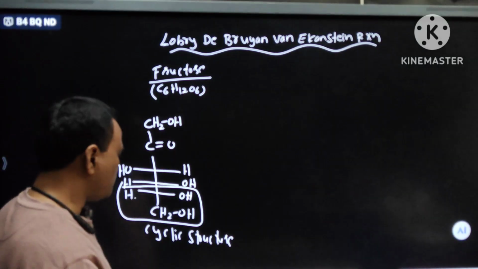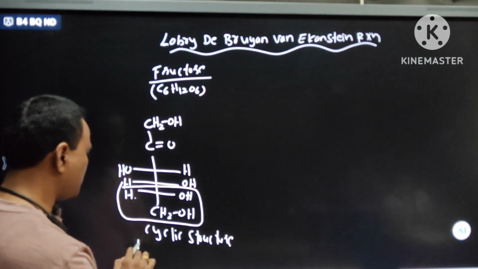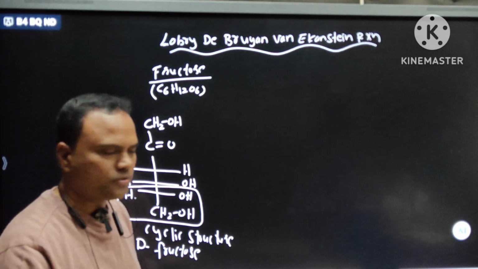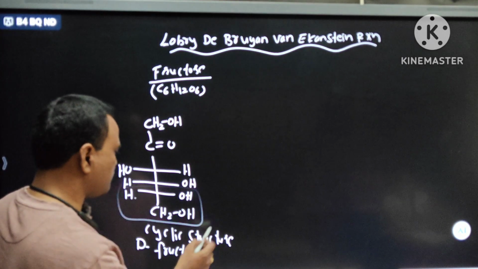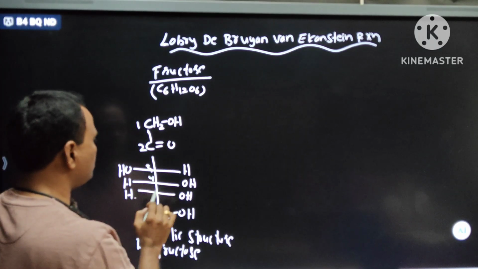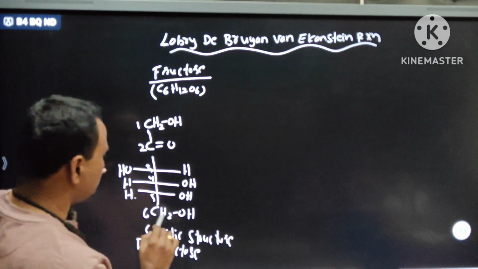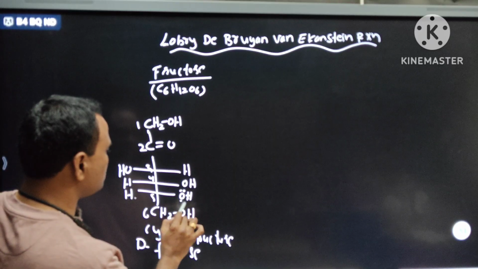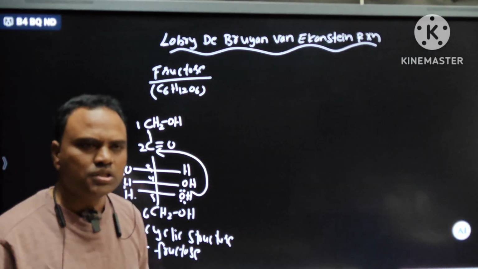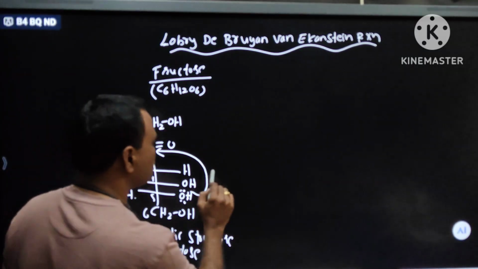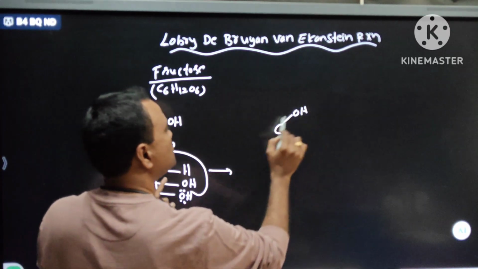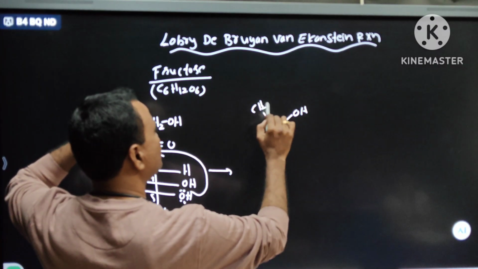What is its name? D glucose or D fructose? D fructose. Let us draw the cyclic structure. Give the numbering: 1, 2, 3, 4, 5, 6. Similar to glucose, the fifth carbon OH group attacks the C double bond O. To form, I am writing directly, OH on the right, this CH2OH on the left.